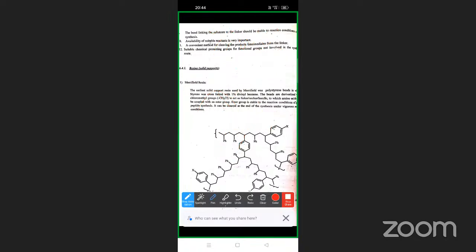So for example, we are taking alanine or glycine. So glycine and alanine. By combining these two, we'll get the dipeptide glycine alanine.